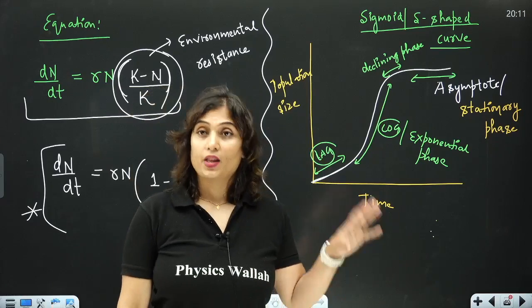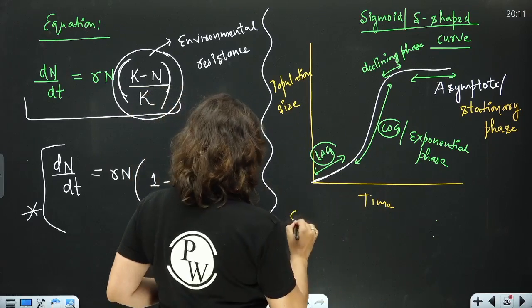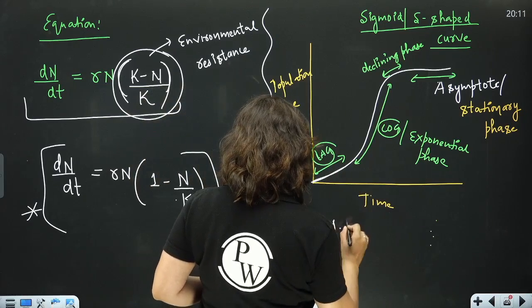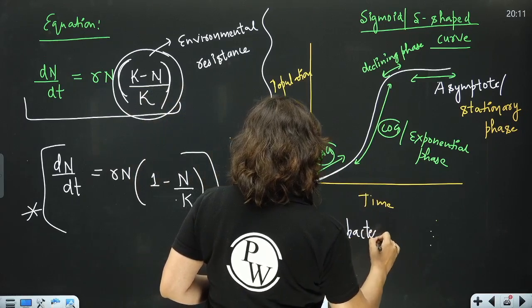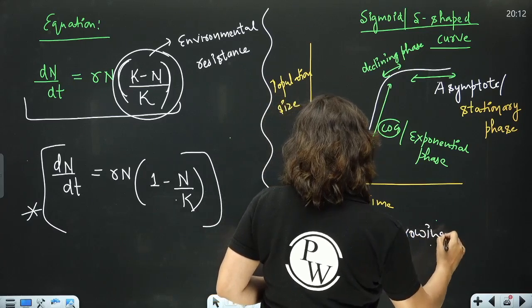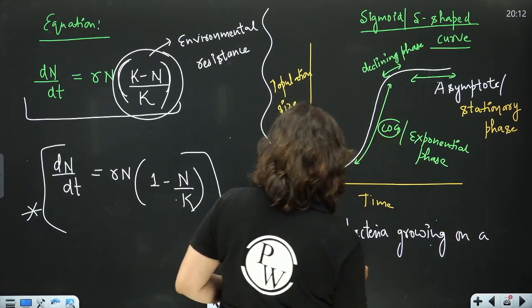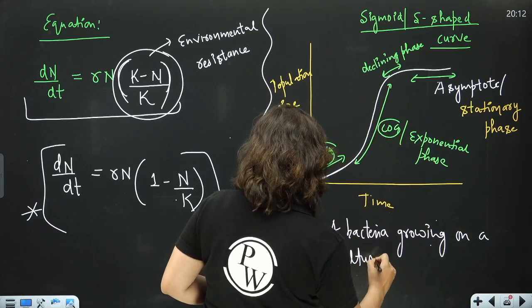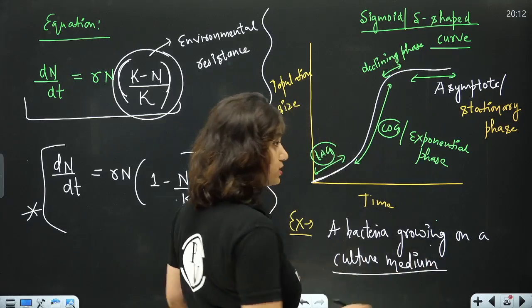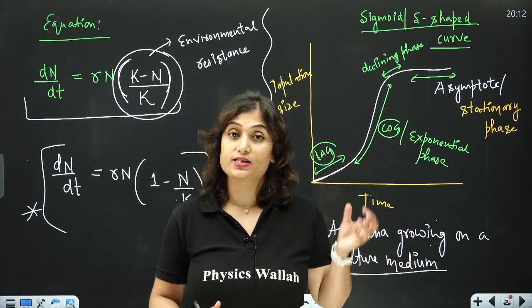Suppose the example I can take here is of a bacterial population, bacteria growing on a culture medium. When I put bacteria on a culture medium where I have provided all the resources, then it will start growing.